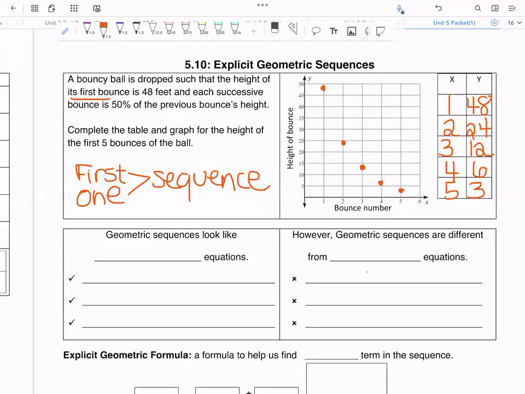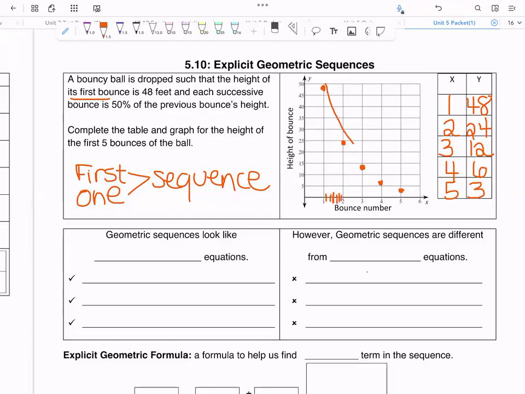And as we can see, this isn't following a straight line, like a linear equation. This is following more of an exponential equation where it's curved. The issue is we're not going to connect it. So just like with arithmetic sequences, with geometric sequences, we don't want to connect the dots, because if we connect it, that means that all these numbers in between are included.